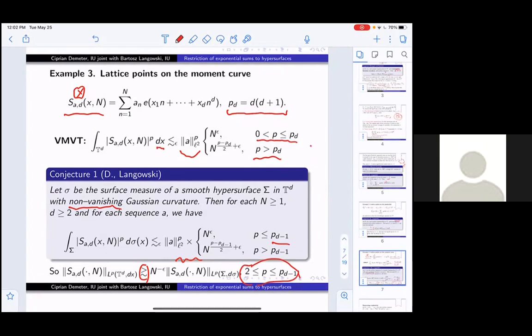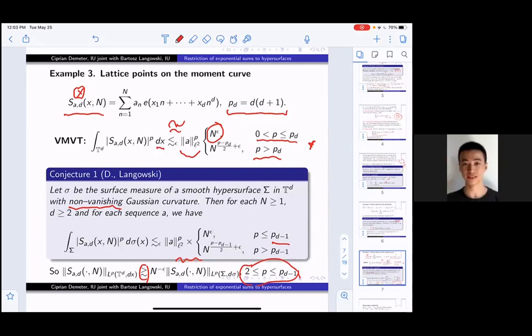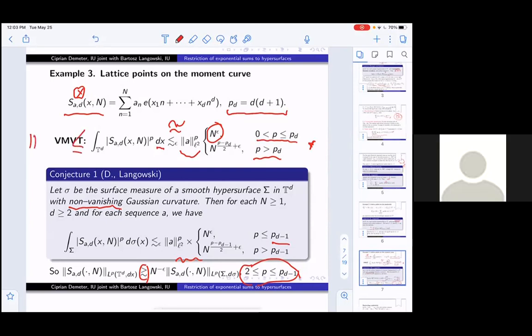If you look at the top of the screen, when p is less than p_d, this estimate here is in fact an asymptotic equality if you allow yourself the n to the epsilon losses. That is because p being greater than 2 also allows you to do the lower bound, right?